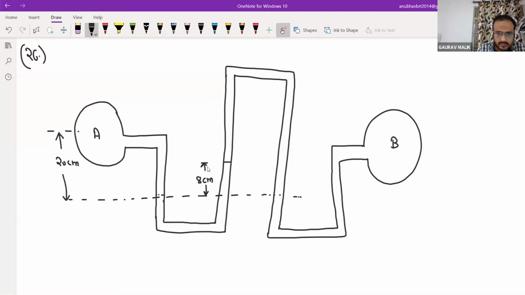This one is 8 centimeter. Suppose here we have benzene, here we have mercury, here we have kerosene, and here we have water, and here we have air.